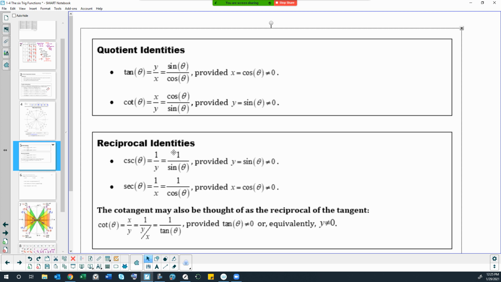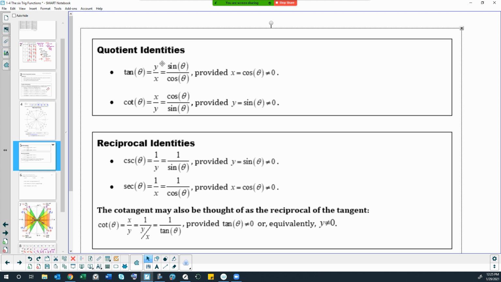And then we've talked about this before, these reciprocal identities. Since cosecant is hypotenuse over opposite, and sine is the y value, that could just be rewritten as 1 over sine. And then since secant is 1 over x, we could write that as 1 over cosine.